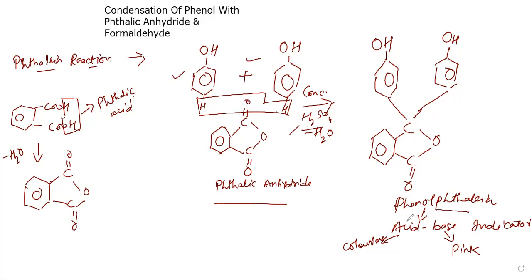This is your phenolphthalein, which is an acid base indicator, very important. It is a colorless solid, which turns pink in basic medium and remains colorless in acid medium, right? I hope this is clear to you.